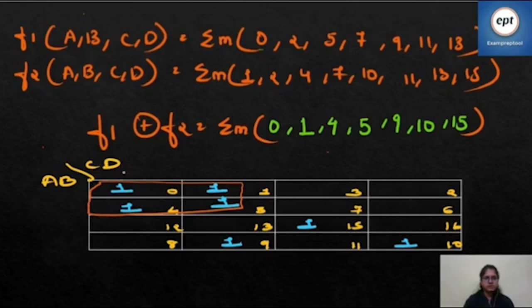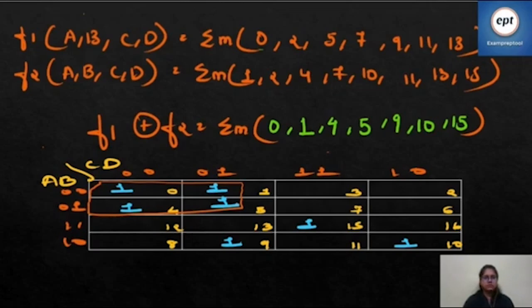Let's write here 00, 01, 11, 10. It will be 00, 01, 11, 10.